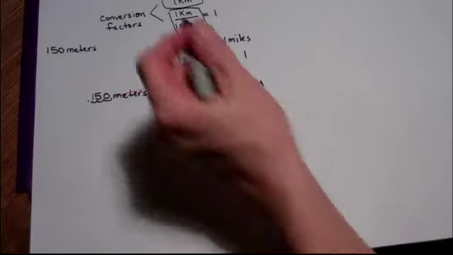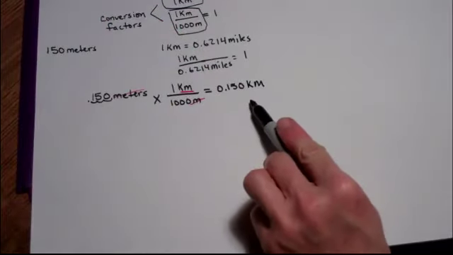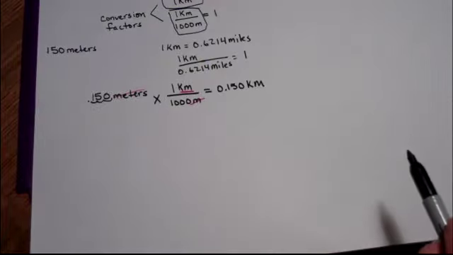So the meters are going to cancel out, and we're going to be left with kilometers. We're going to divide by 1,000 here, so that's going to set our decimal place back 3 places. So this is going to be 0.150 kilometers. 150 meters is equivalent to saying 0.150 kilometers.